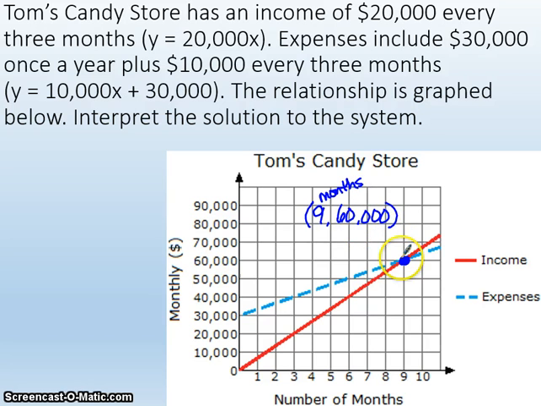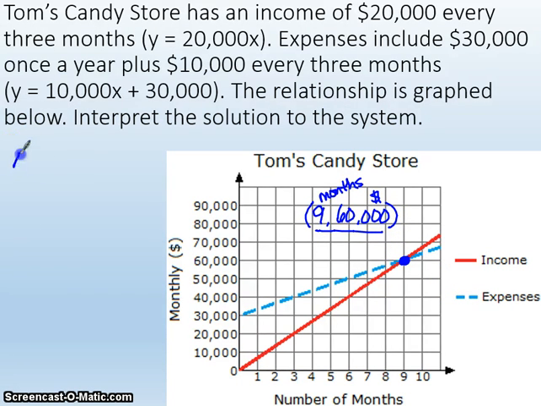And 60,000 is the y value, so that's dollars. Okay? Now remember, we have to compare this ordered pair in relation to both income and expenses. So what this ordered pair means in terms of income and expenses is that after 9 months, Tom will earn an income of $60,000 from his candy store, but he will also spend $60,000 during that time as well.